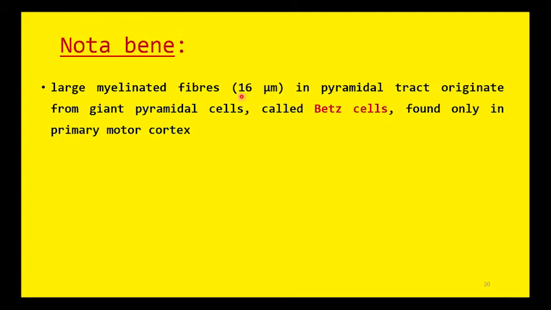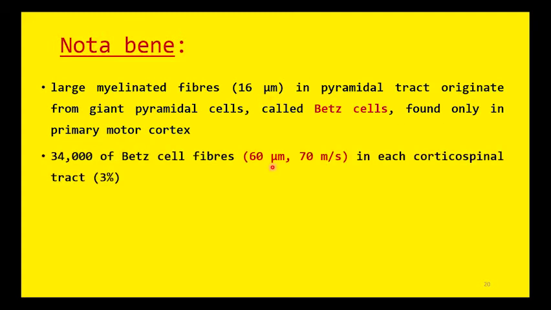The diameter can be around 16 micrometers, and these are also known as the giant Betz cells, and they are only found in the primary motor cortex. Since the diameter of these fibers is very large, the conduction velocity can be as great as 70 meters per second.